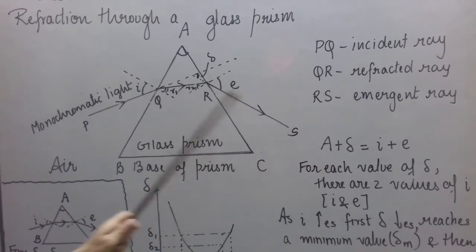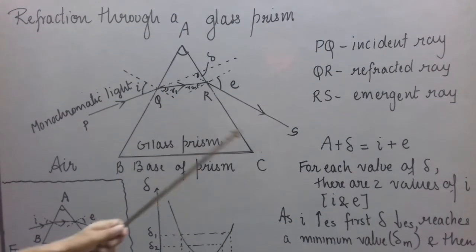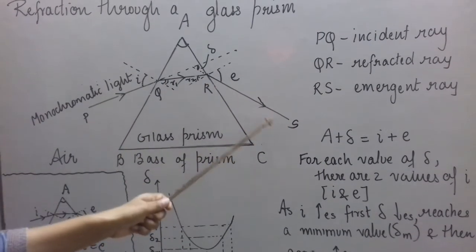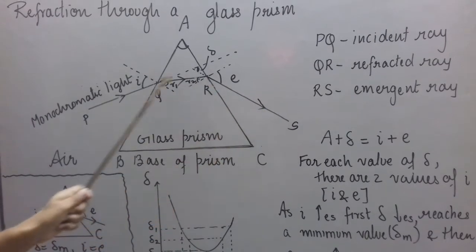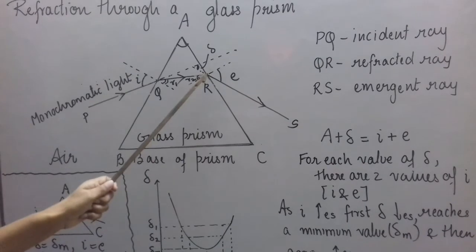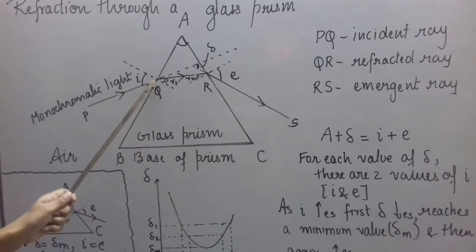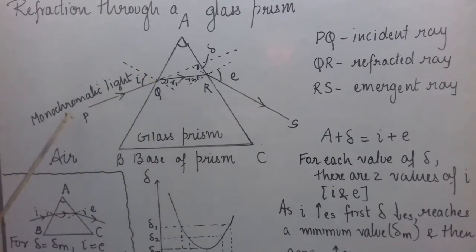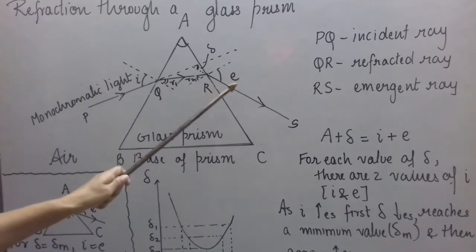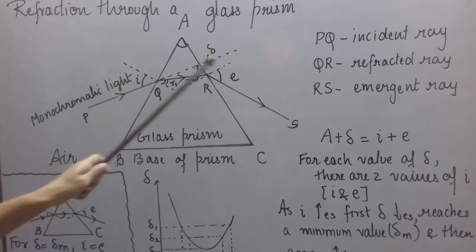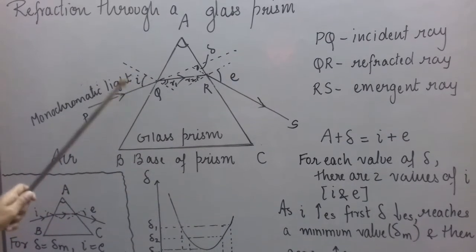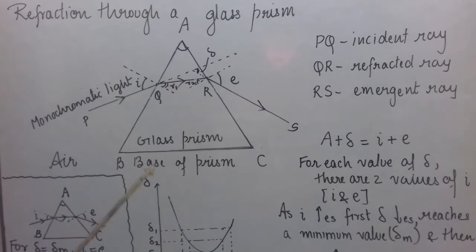Now see, suppose I reverse the arrows, then my SR will be the incident ray, RQ will be my refracted ray and QP will be my emergent ray. So we know that then E and I values will be the values of the angle of incidence and angle of emergence.